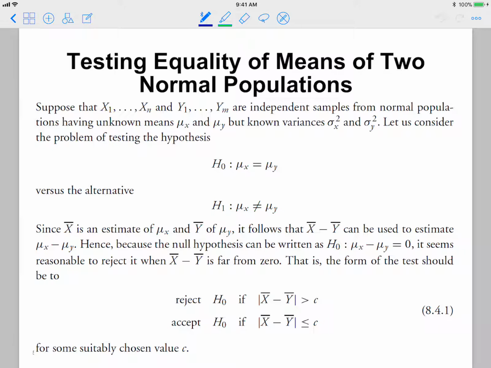But in this case, we are given two samples composed of x1 through xn and y1 through ym, respectively, and then we consider their true means, and whether they are the same or not.